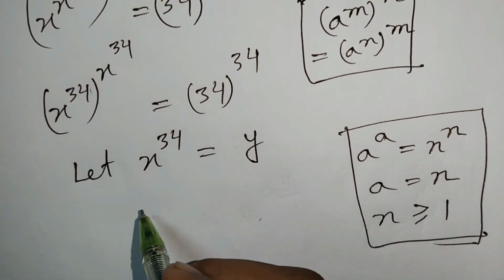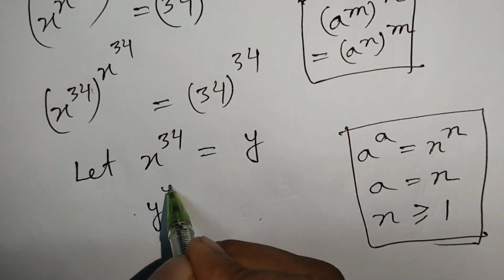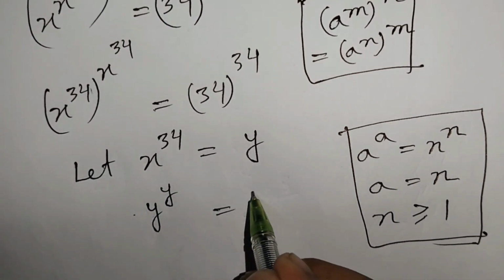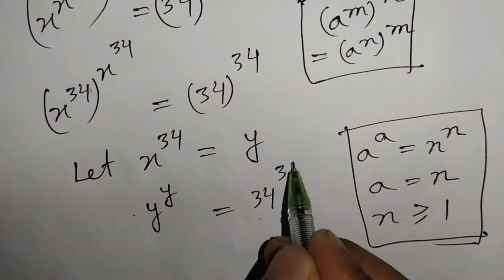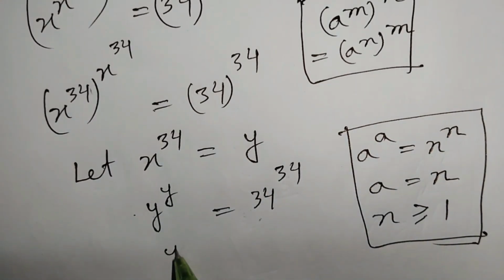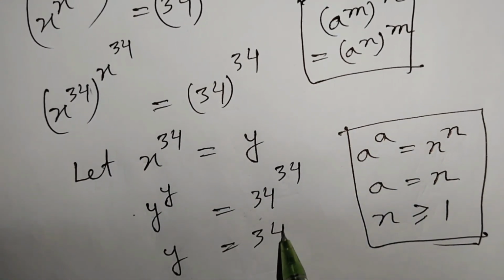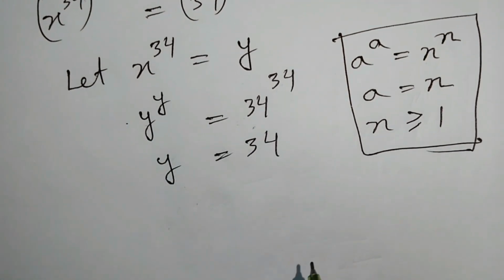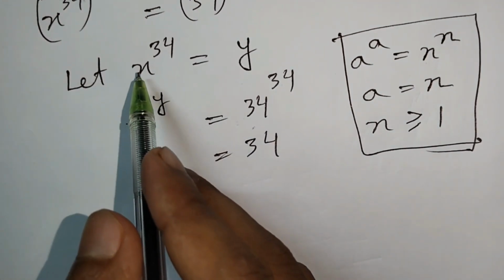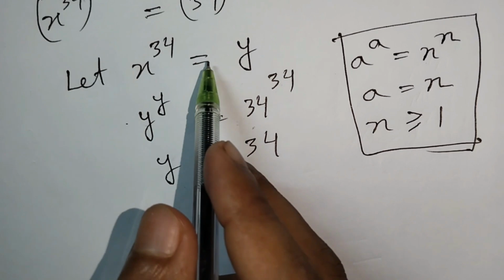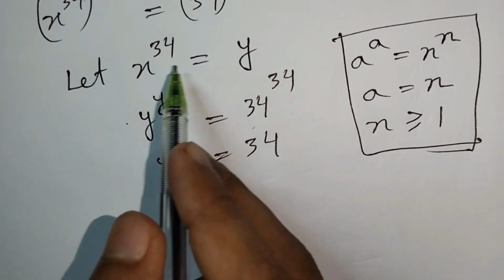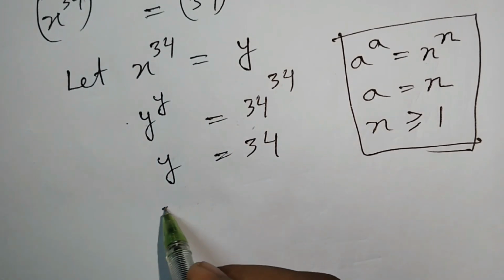We can write here y^y = 34^34, so y is equal to 34. If x^34 is equal to y, then y is equal to x^34.